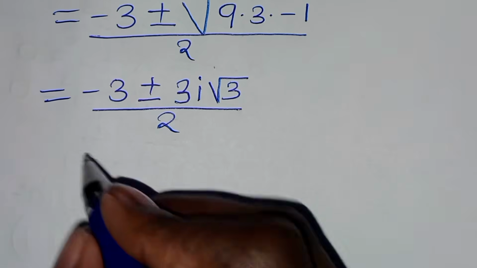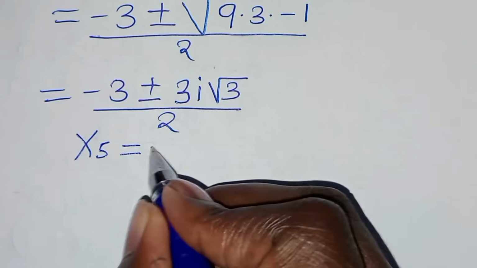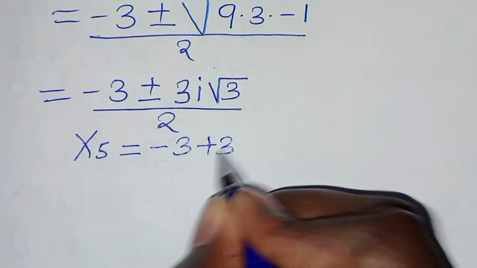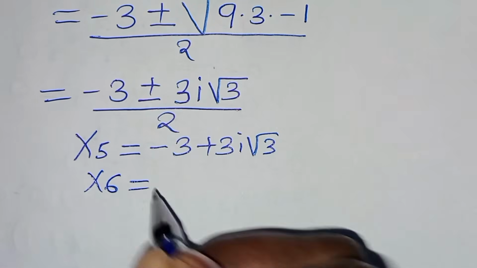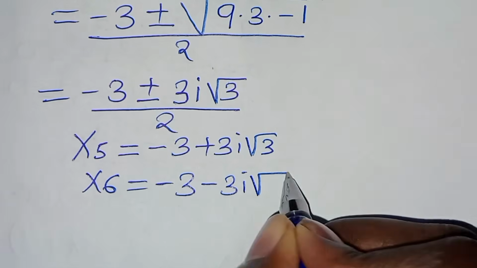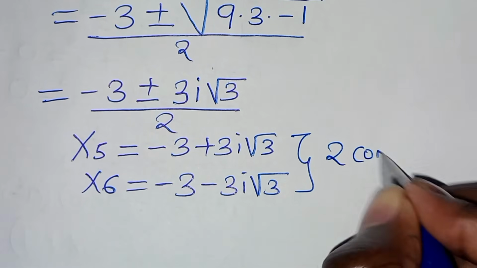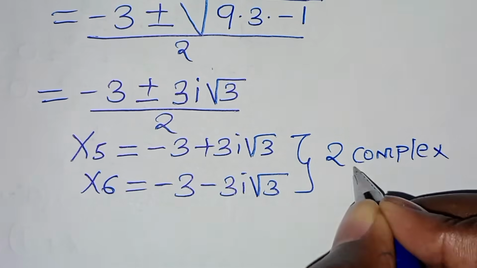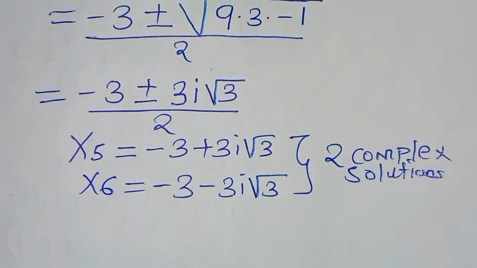So this implies that x5 is equal to minus 3 plus 3i square root of 3, and x6 is equal to minus 3 minus 3i square root of 3. So these are two complex solutions under case 2.